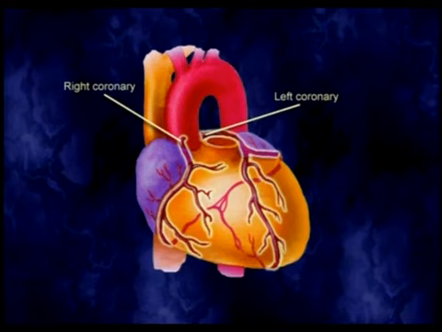Then what happens is the distance that the conduction has to go is further than normal. Not very far, but still further. And that can slow down and throw off the timing. This is another area, atrial dilatation, where the timing may be thrown off and the pacemaker may help.